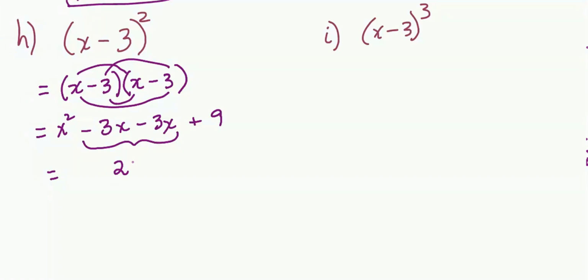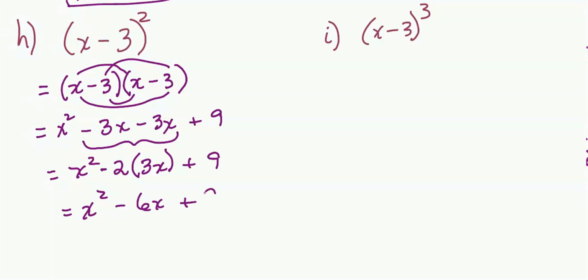The root, right? Twice the 3 times the x, the root of the first one, the square root of the second one. So it'll be 2 of these, right? And it's going to be minus because it's subtraction. Okay, of course, x squared comes down plus 9. So essentially we have x squared minus 6x plus 9.